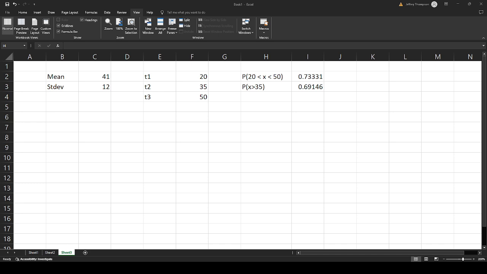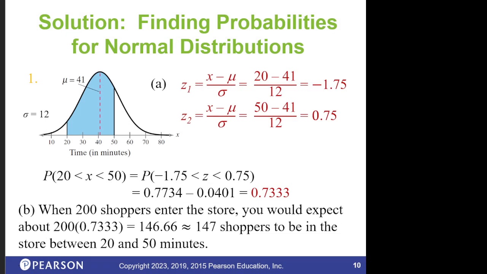And so instead of converting for Z-scores, we calculate the probabilities in Excel. Let me get over to PowerPoint here. So instead of doing these Z-scores, we get this 0.733.